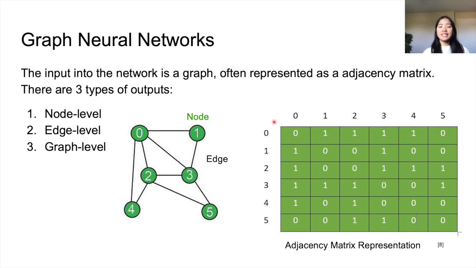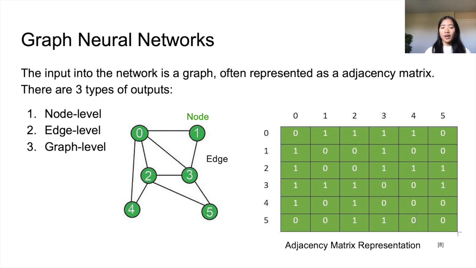If there exists an edge or connection between two nodes, we put the value of 1 in the table, and if not, we put the value of 0. So if we look at the graph on the left, we see that node 0 is connected to nodes 1, 2, 3, and 4. If we look at the 0 column or row, we'll see that there's a value of 1 with the nodes 1, 2, 3, and 4.